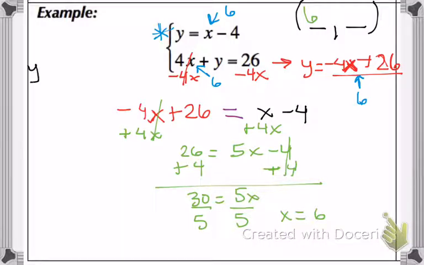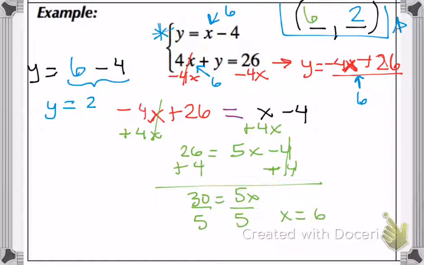So we have y equals x minus 4, and plug in the 6. So 6 minus 4 is 2. So I have y equals 2, and there's my answer. 6, 2 is where these two lines would intersect on a graph.